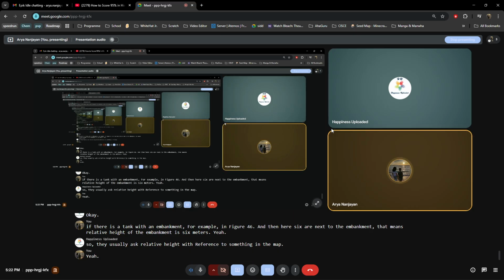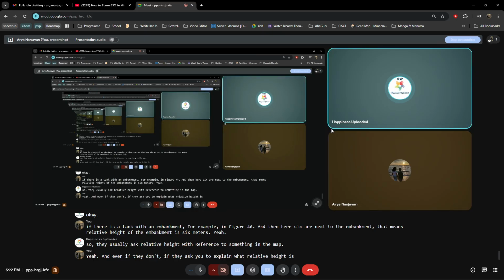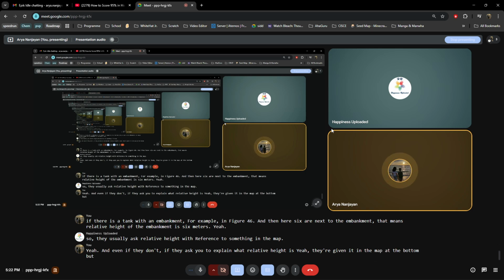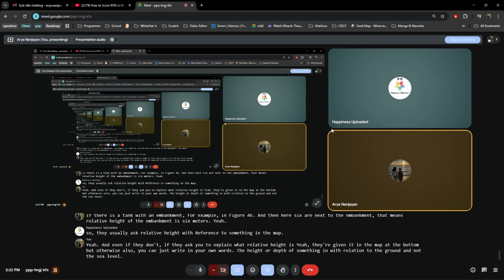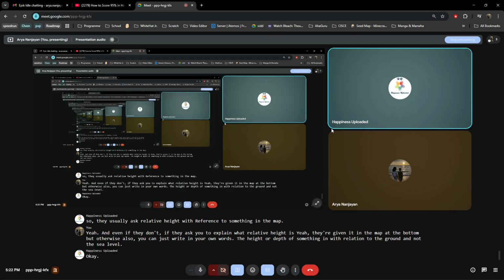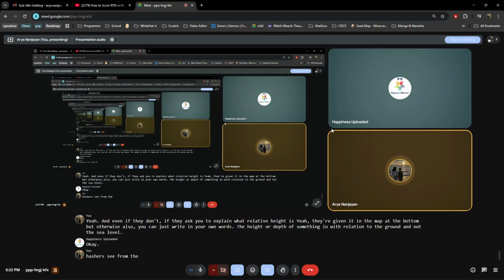And even if they don't, if they ask you to explain what relative height is, they have given it in the map at the bottom, but otherwise you can just write in your own words: it's the height or depth of something in relation to the ground and not the sea level. Also look at the symbols and conventional symbols and just read them.